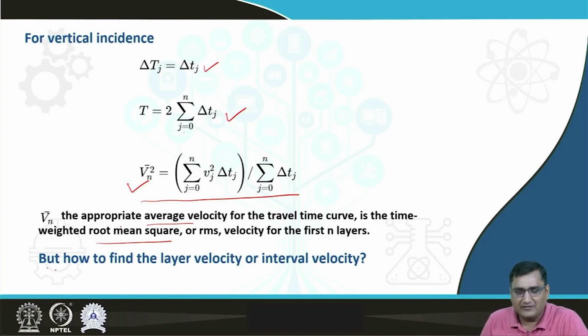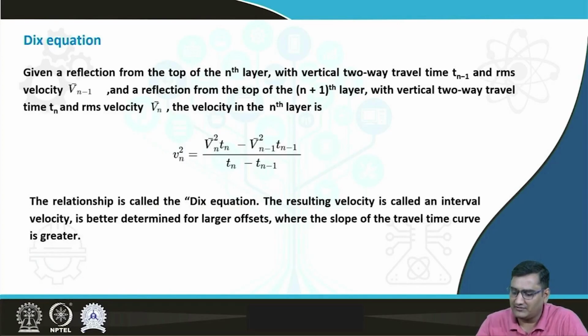But the question is, how can we find each layer velocity or the interval velocity? That we can do using the Dix equation. So let's suppose the reflection is happening from the top of the nth layer, and the vertical two-way travel time is Tn minus 1, and the RMS velocity is Vn minus 1.